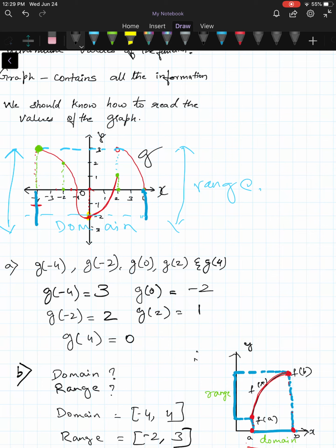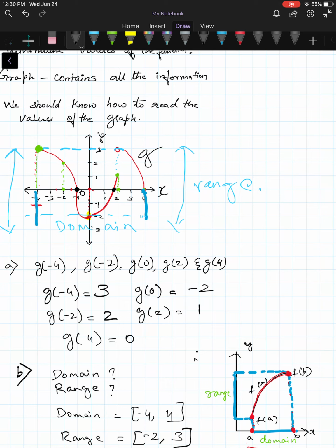It is touching the x-axis at two different points: -1, which I am highlighting with black, and this seems to be 1.8. Yeah, I will consider it to be 1.8. It is closer to 2 units. So y is 0 at those points.